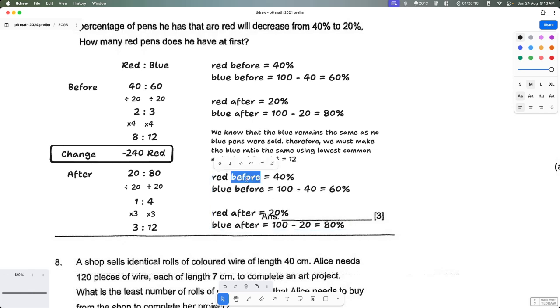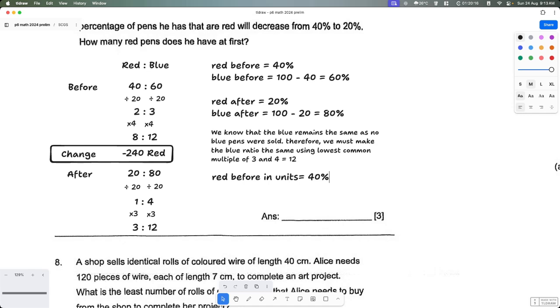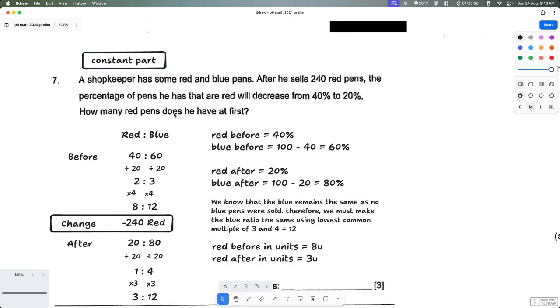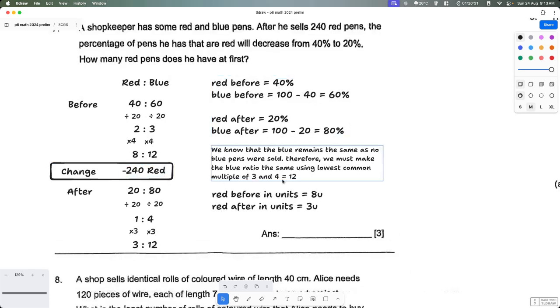The rate before, in units, is equal to 8 units, and the rate after, in units, is 3 units. So now we know how many red pens were sold as well, minus 24.